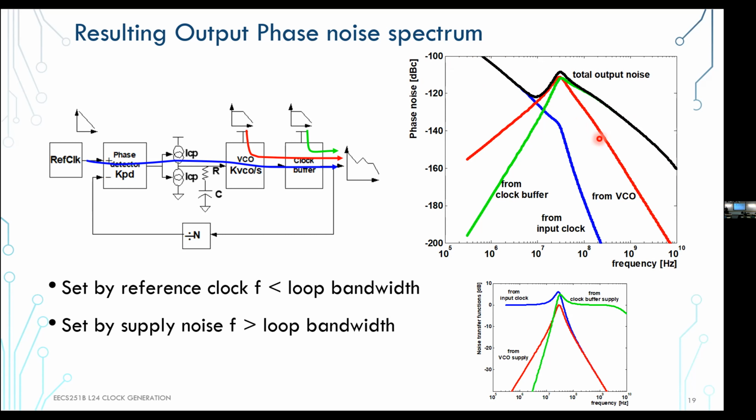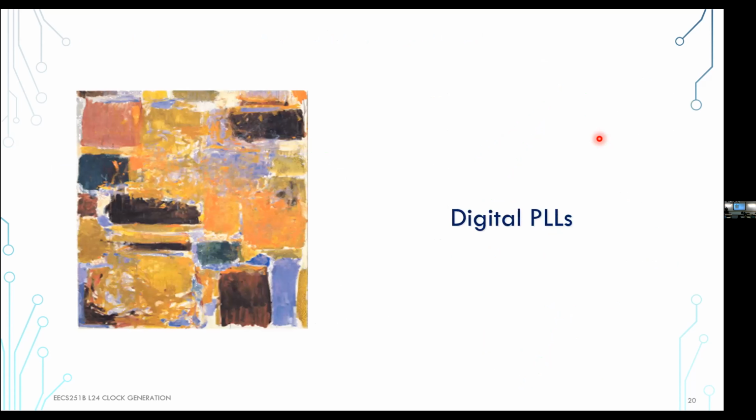And of those, the supply noise is much more dominant, at least in the digital systems we're talking about, than the actual thermal noise of the VCO itself. So those are the rules of thumb in designing the system.